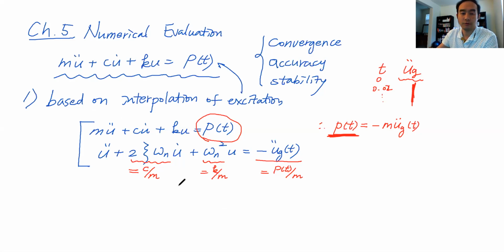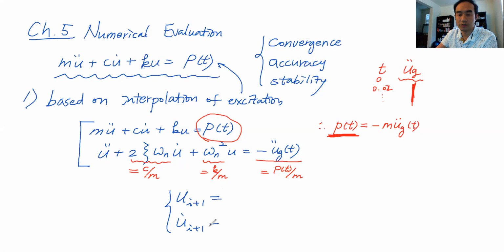So you probably remember A, B, C, D, and A prime, B prime, C prime, D prime to express this u and u dot at the i plus 1th step. So the i plus 1th step means when you pick a certain time step i, these are going to be the future step displacement response and velocity response.